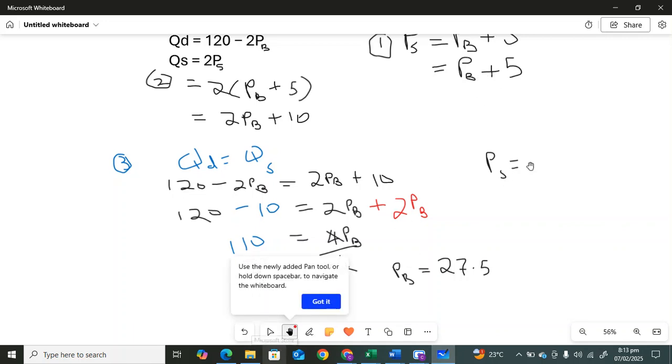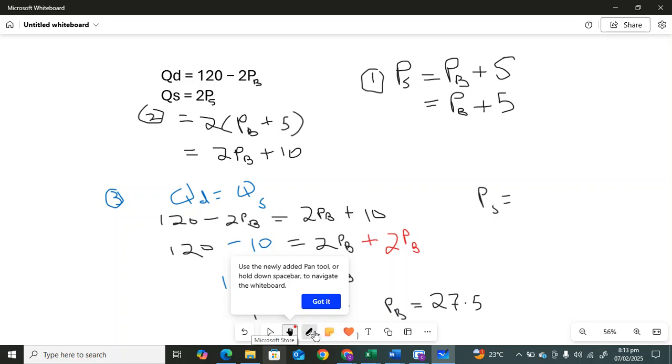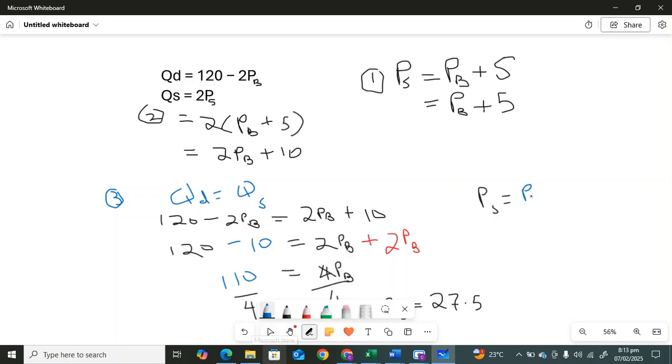This first equation we put here. So we substitute PB with 27.5. 27.5 plus 5, what do we get? 32.5.